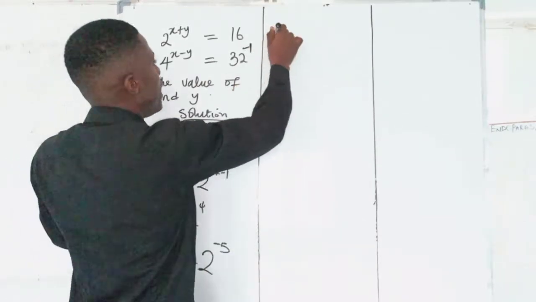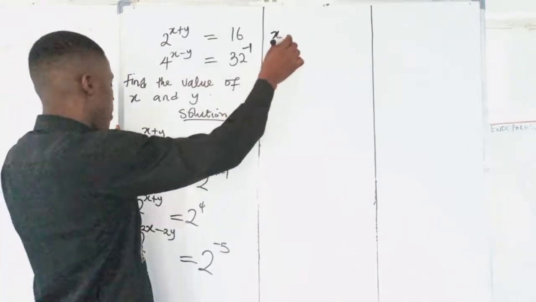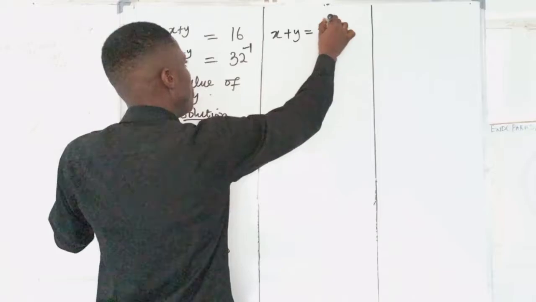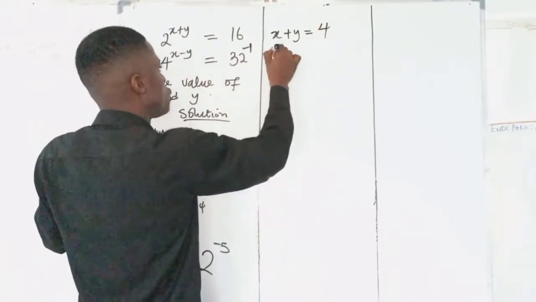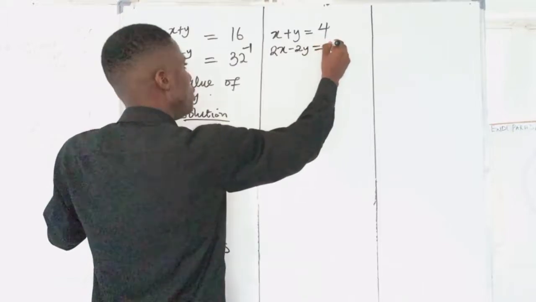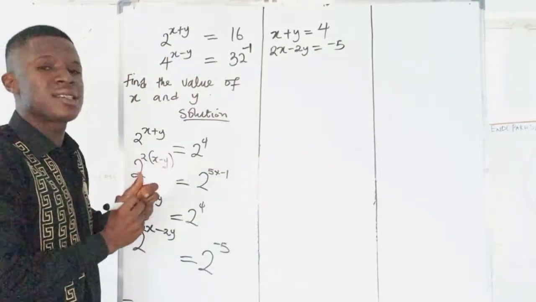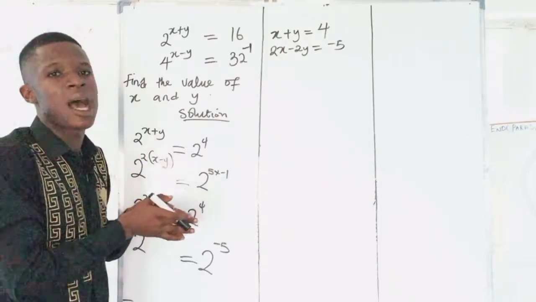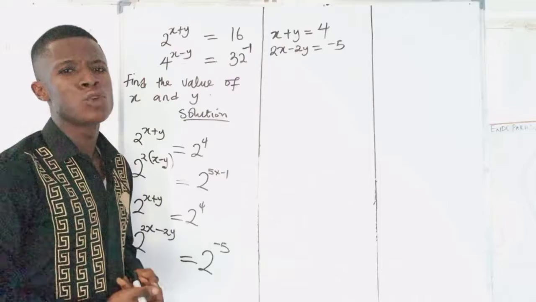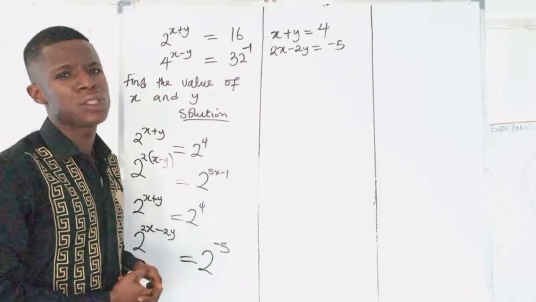For us to be able to find the value of x and y, my x plus y is equal to 4, and my 2x minus 2y is equal to minus 5. If you observe this, you can see that indices has led us to another topic in mathematics, which is simultaneous equation. So we need to solve this simultaneously.